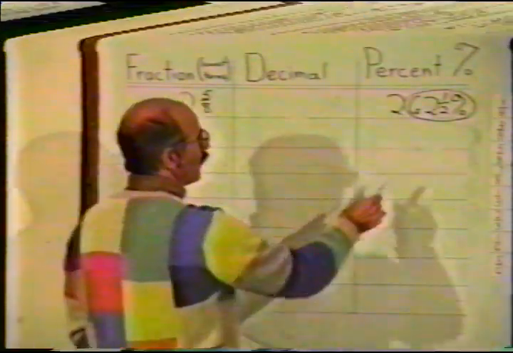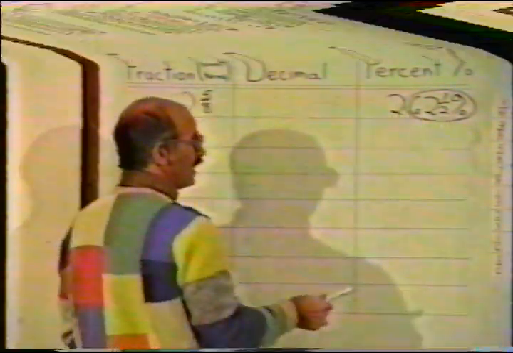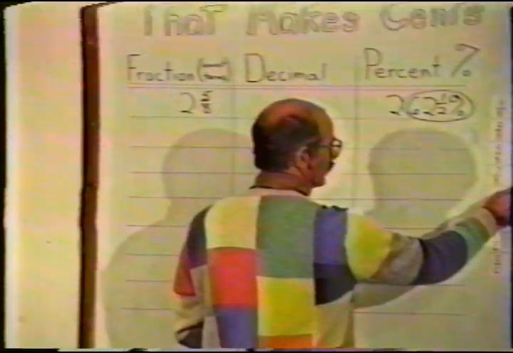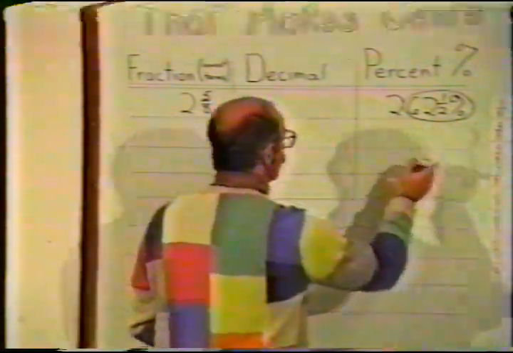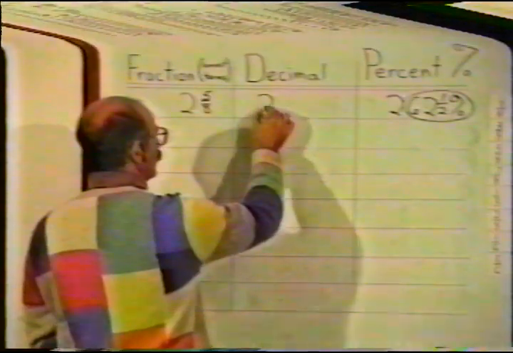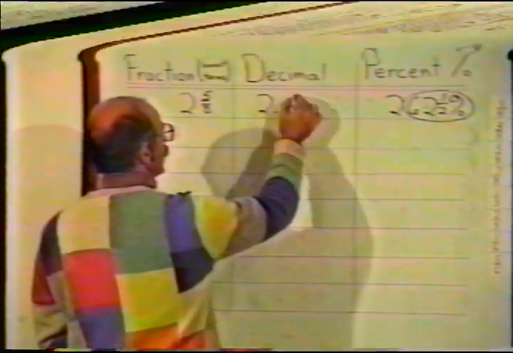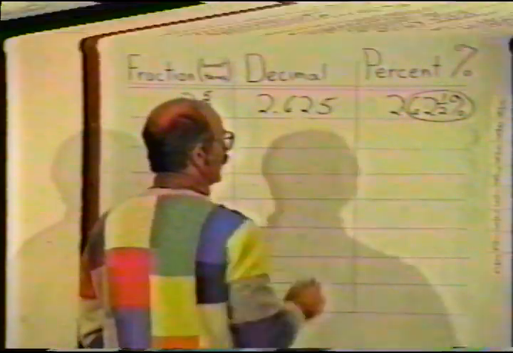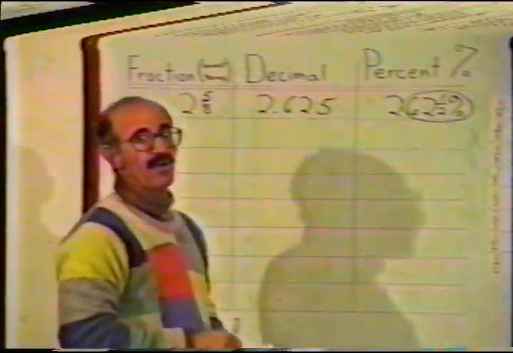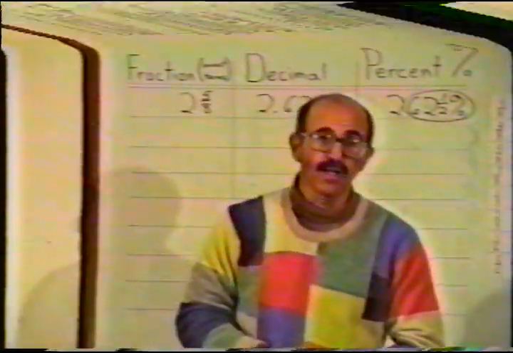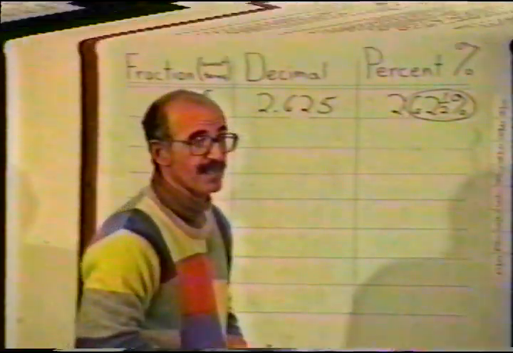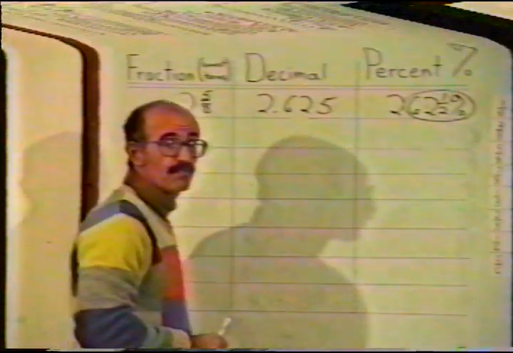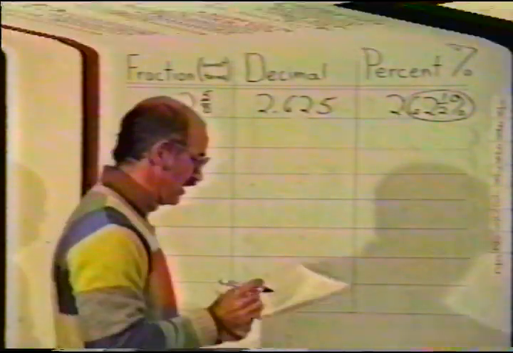We also know that 62.5% is what as a decimal? 0.625. So this is 2.625. So as long as we know our memory percents really well, we can see that sometimes they may be hidden in a larger number or a number that's more than 100%.